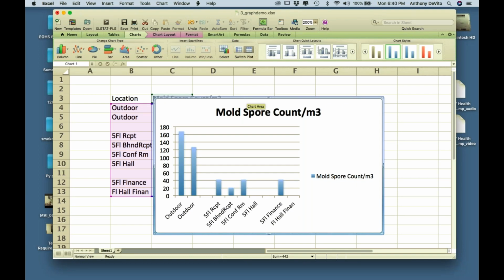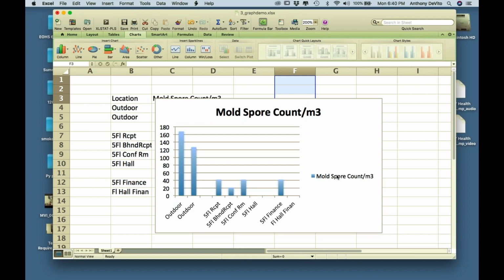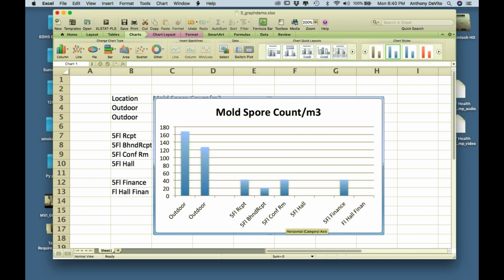And bingo, right there we have a graphic representation of this data. I'm going to get rid of that legend. And so we can see that the 2 indoor locations have similar levels, but they're both lower than the mold spore counts outdoors.